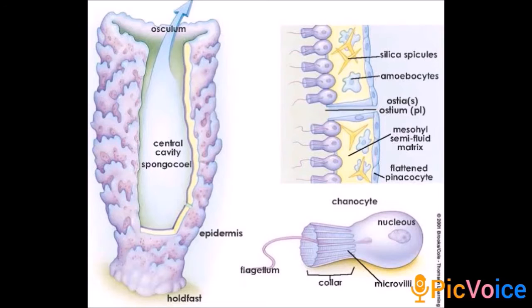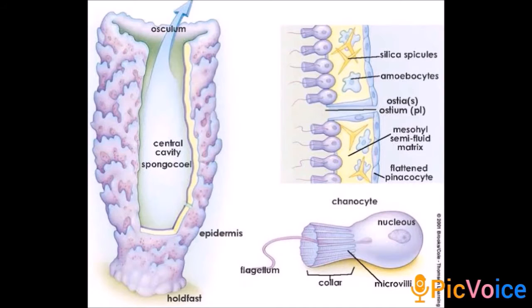From there the water goes out through the osculum, and this pathway of water transport is helpful for food gathering, respiratory exchange and removal of waste. When water flows like this, they get food materials, gas is exchanged, and the waste is also removed.